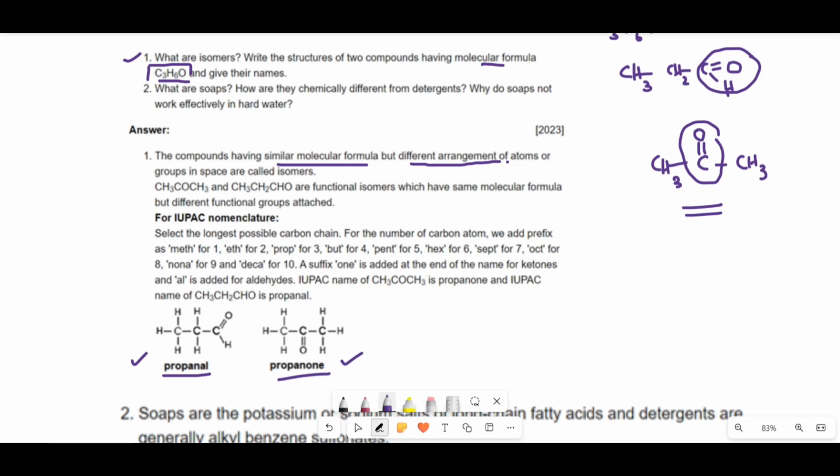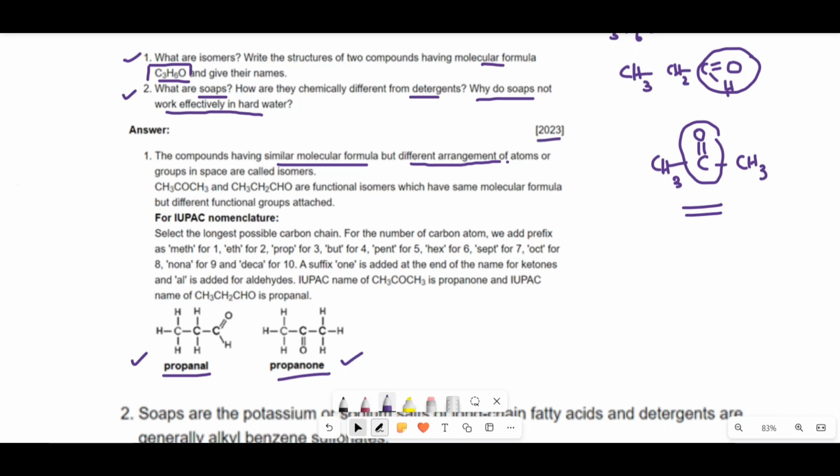Now the next question, what are soaps? How are they chemically different from detergents? So basically they are asking the difference between soaps and detergents. And the next question is, why do soaps not work effectively in hard water? Okay, this question was asked in 2023.